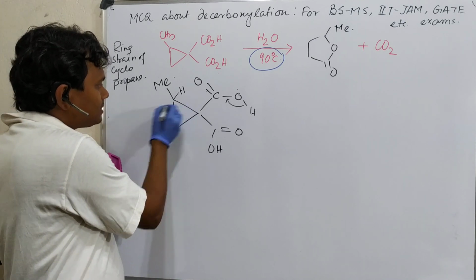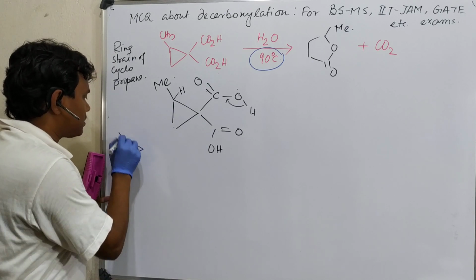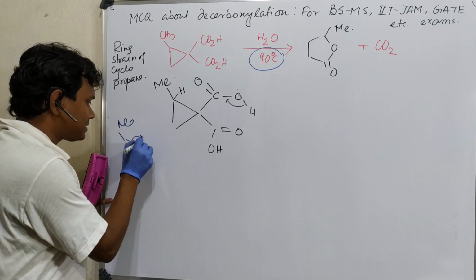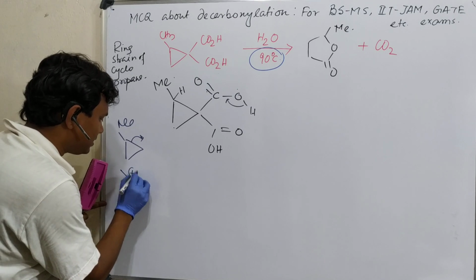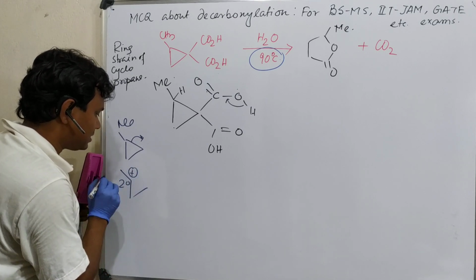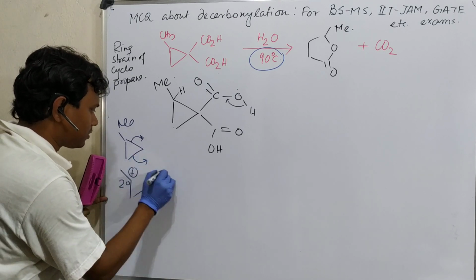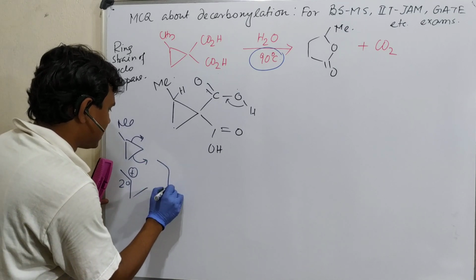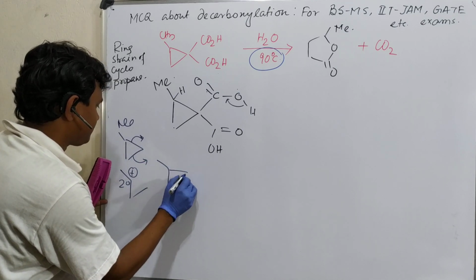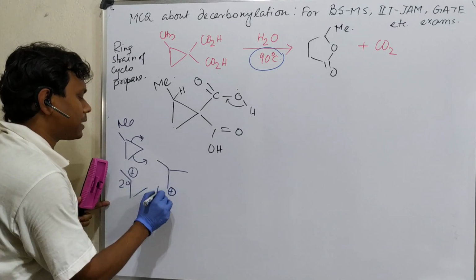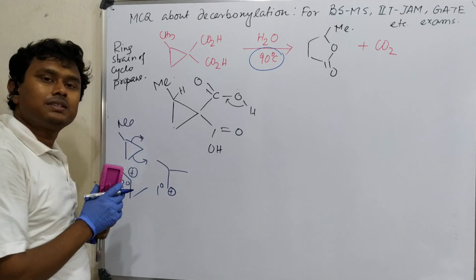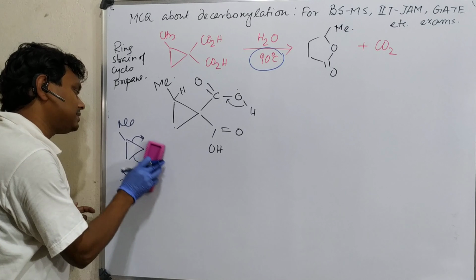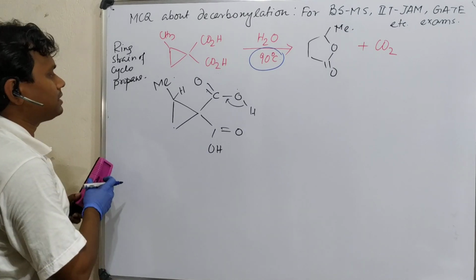If it breaks here, what will it result in? This carbocation, which is secondary. But if it breaks from here, it will result in this, which is primary. So breaking is preferred in this case, and that is the reason why breaking happens at this position.